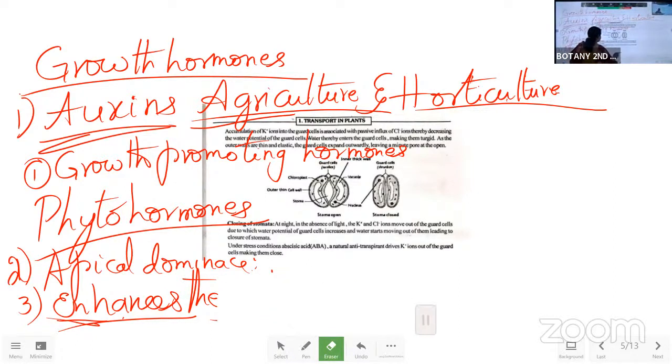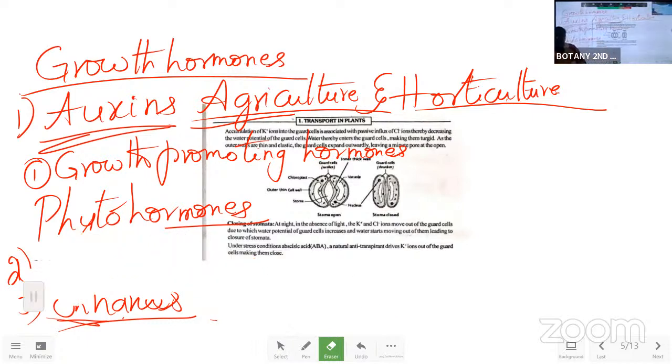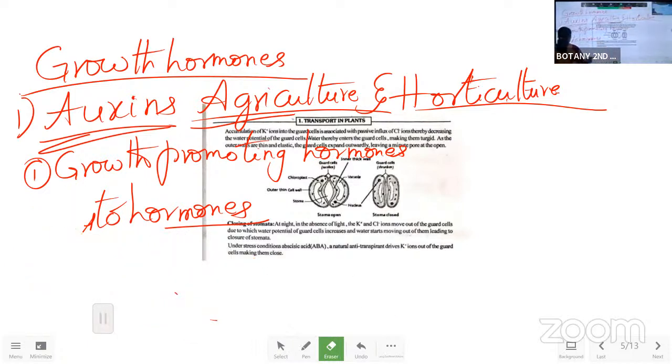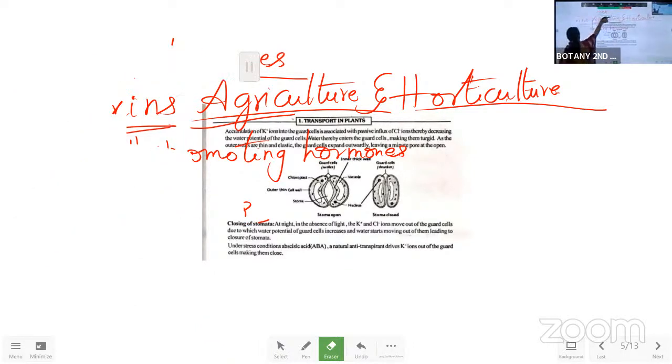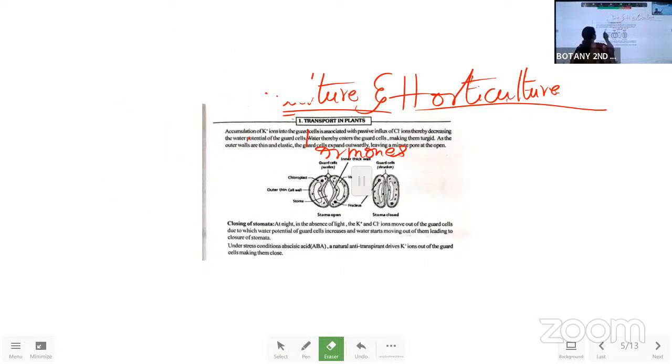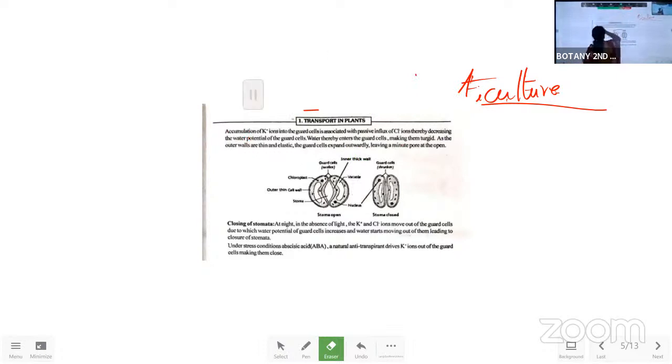And now comes the third point. It elongates the internodal length. The third point with the auxins is that internodal length is going to be increased.